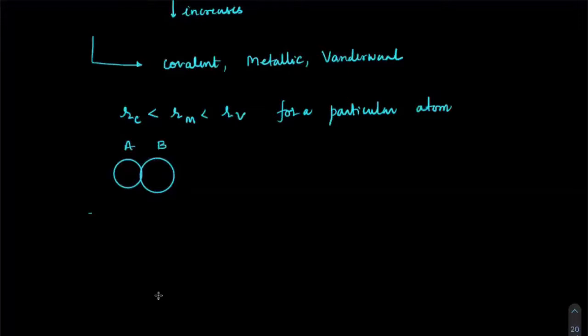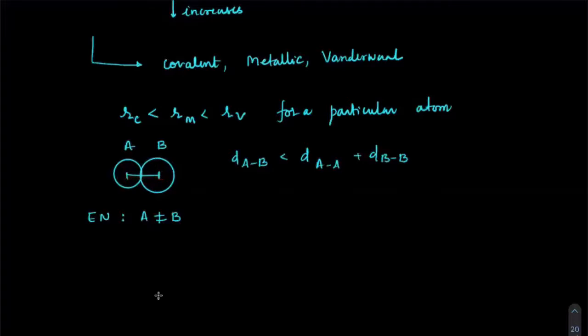If there is an electronegativity difference, which means the electronegativity of A is not equal to B, then due to the electronegativity difference, the distance D of AB will be less than the distance of AA plus the distance of BB. Got it? This you must understand.